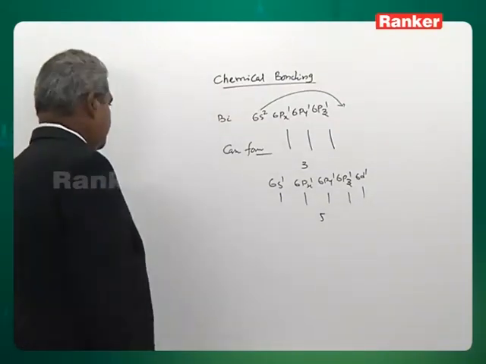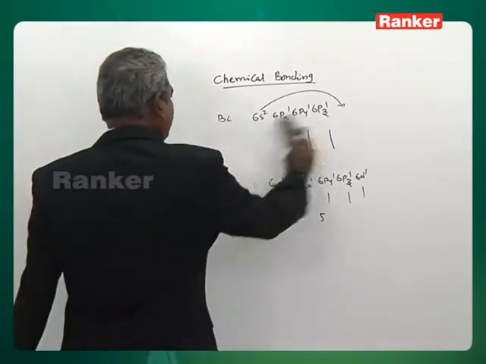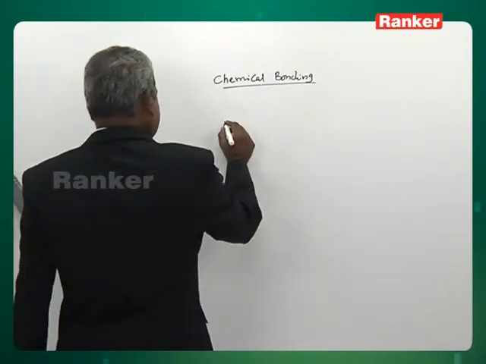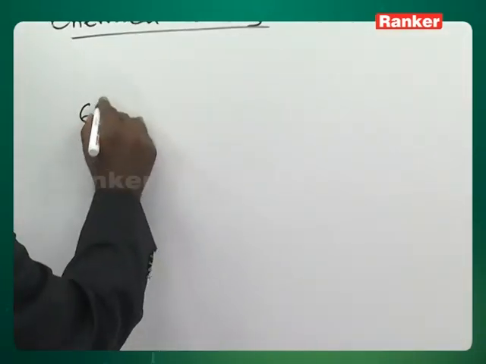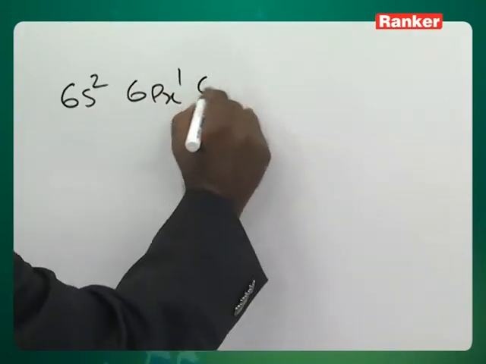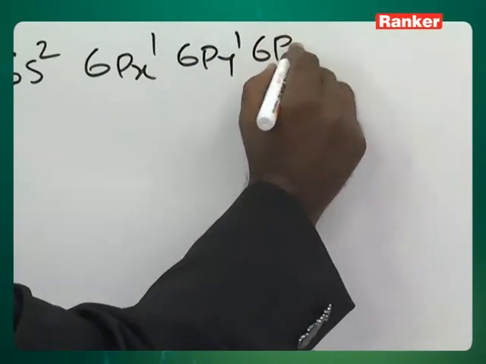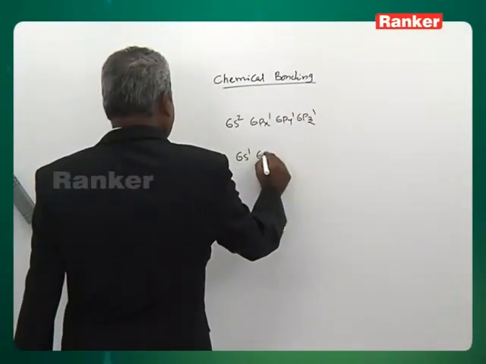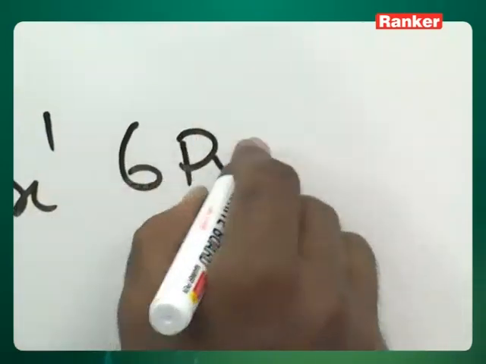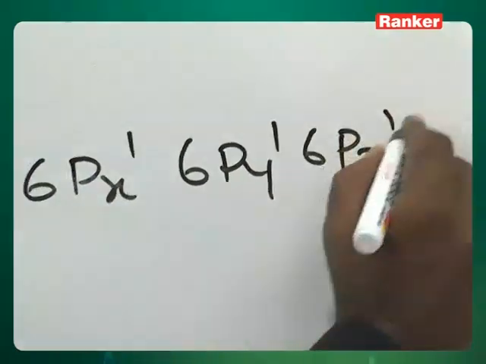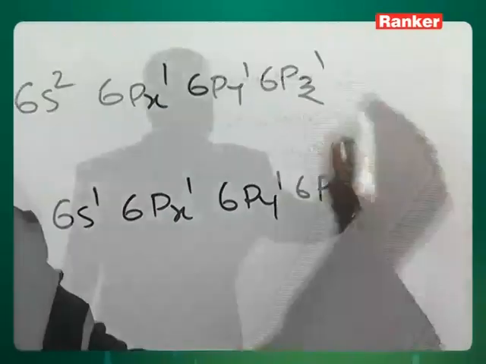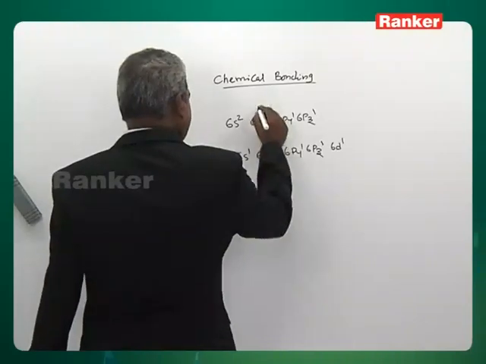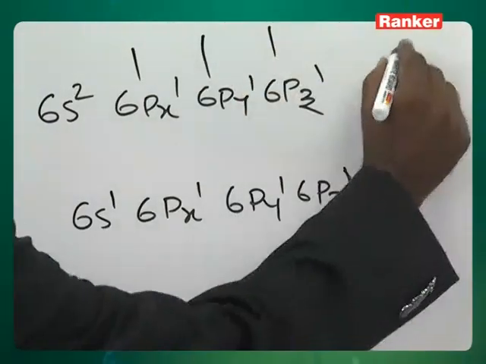But the thing is, bismuth is not willing to form 5 bonds. I tell you why. Wait a minute. 6s2, 6px1, 6py1, 6pz1. Suppose this pair of electrons is excited, 6s1, 6px1, 6d1. So bismuth in its ground state can form BiCl3, forming 3 bonds with chlorine.